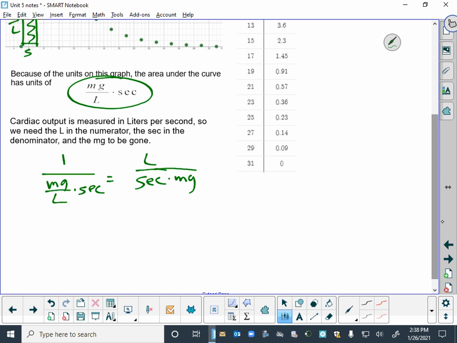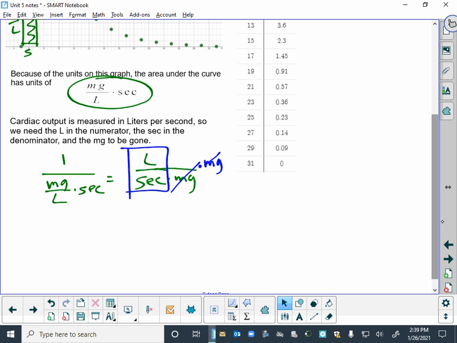We just have this extra bit of milligrams in there. But if we know how much dye was injected in the first place, so if we multiplied by the amount of dye injected, which would be in milligrams, then we could get these milligrams units to cancel, and we'd be left with liters per second. So we can figure out how to manipulate the units that we have to get the answer that we want.